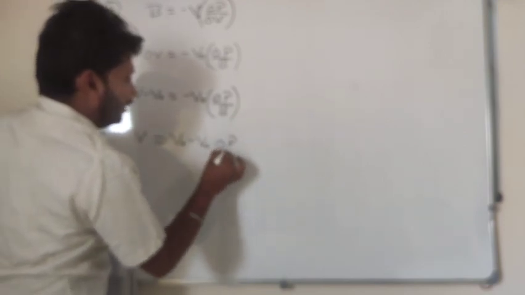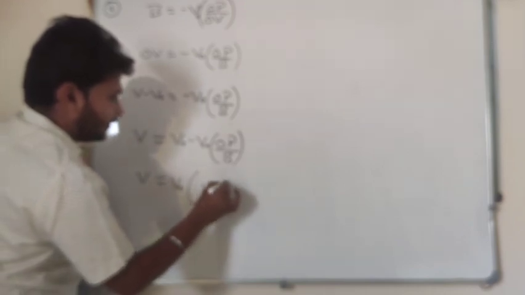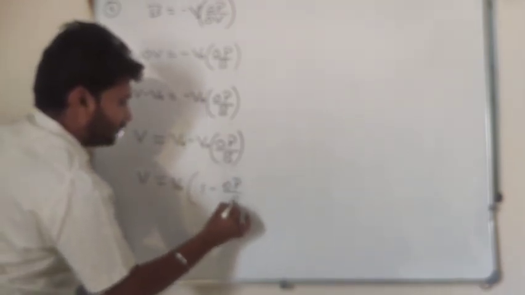V equals V naught minus V naught into delta P divided by B. Taking V naught common, 1 minus delta P divided by B. Now they ask in terms of density.